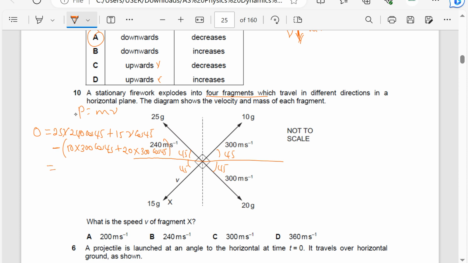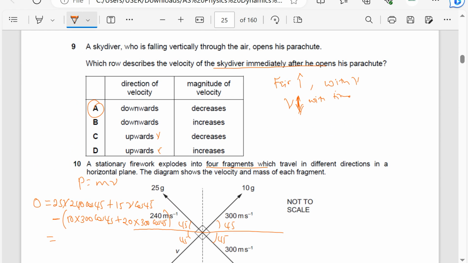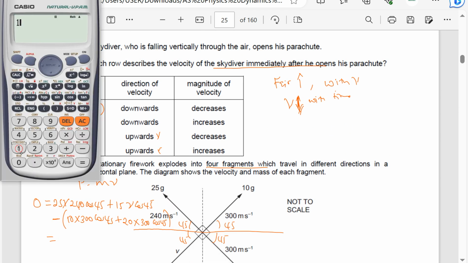So on one side, I'm just going to take one quantity so that I just press my calculator.